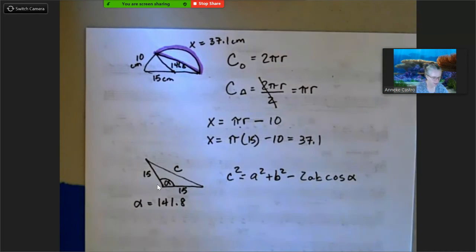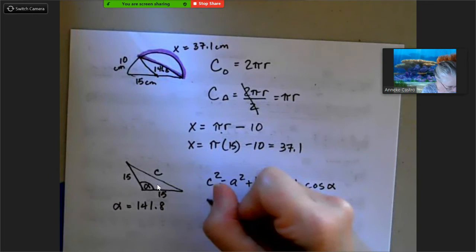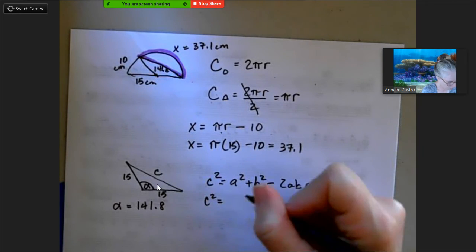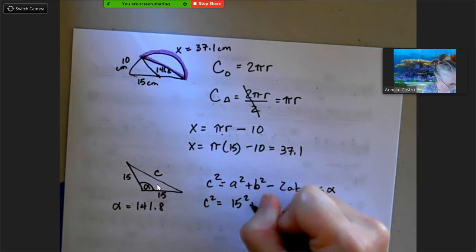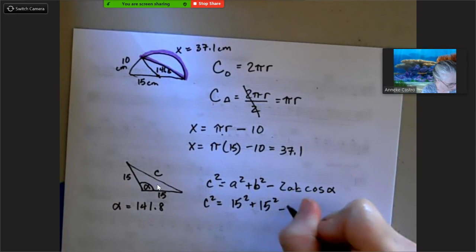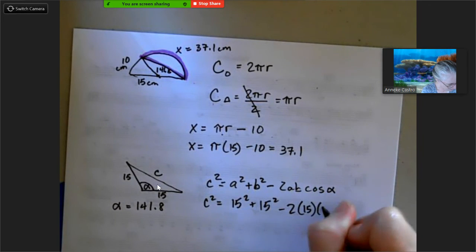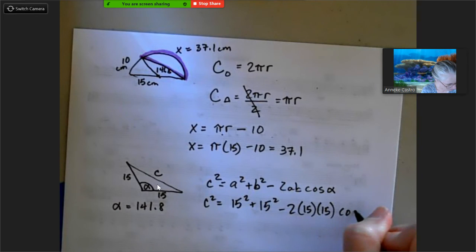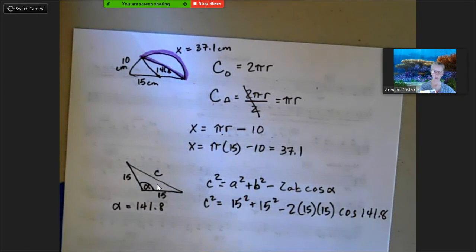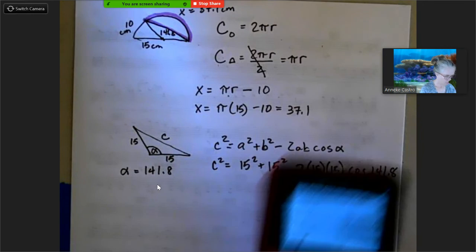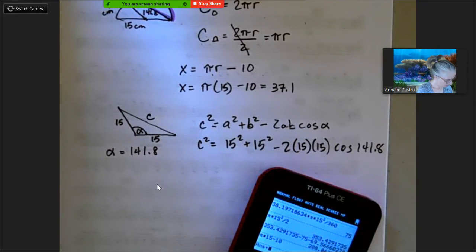Great, I'm back. Okay, so let's go ahead and put in our numbers. So C squared is equal to 15 squared plus 15 squared minus 2 times 15 times 15 times cosine of 141.8. And I'm just going to put that into my handy dandy calculator.